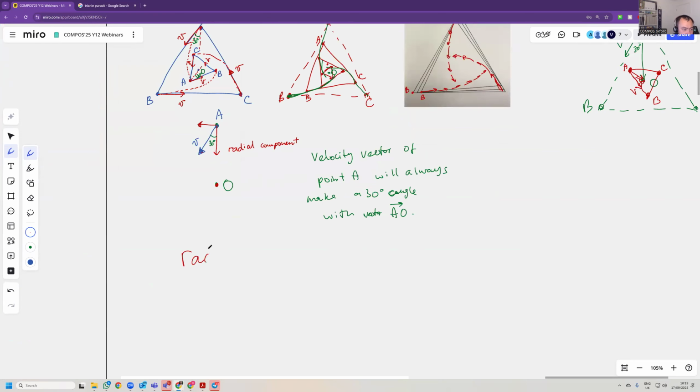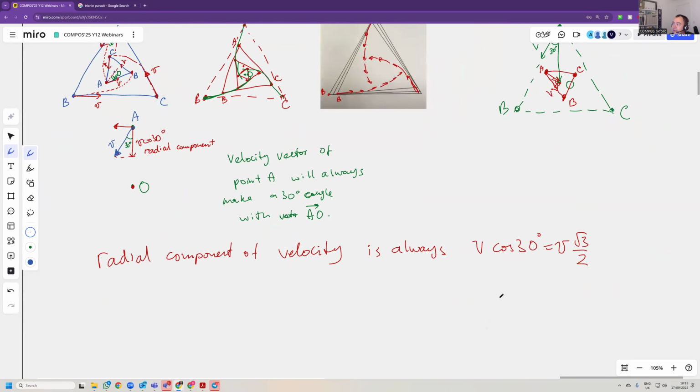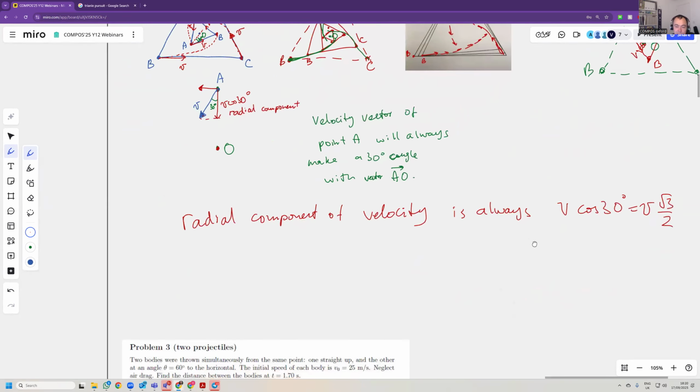So the radial component of velocity, which is this one, is always v cos 30 degrees, or v square root of 3 over 2. V is constant. V is a constant speed. Yes, it is not decelerating. It's moving at a constant speed.